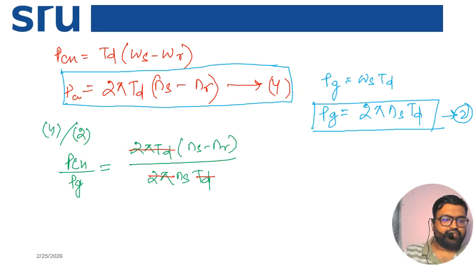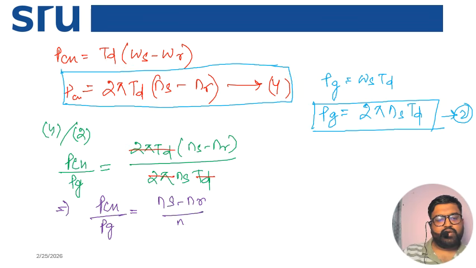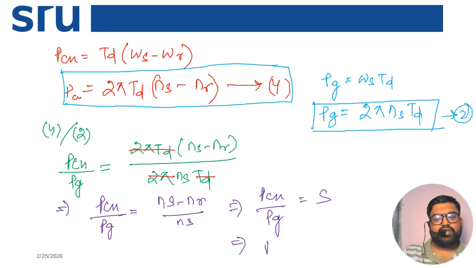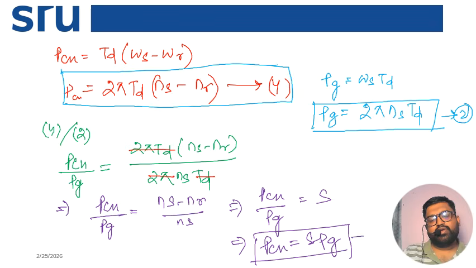Simplify that, P copper by P air gap is (Ns minus Nr) by Ns. Then P copper by P air gap is equal to slip. Already we got this one. Now you see the relation between copper loss and Pg. That is equation number 5.